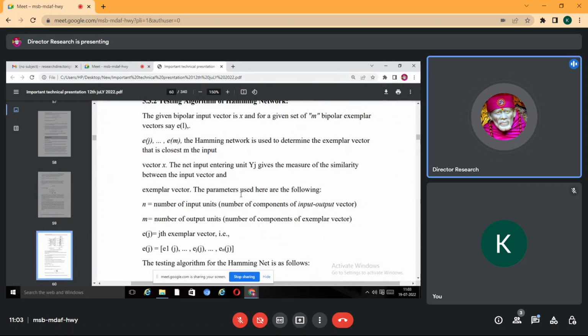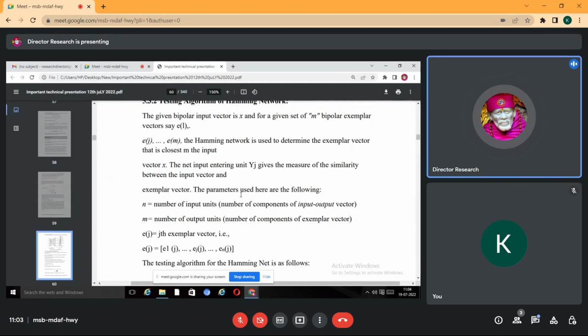Given a bipolar input vector x and a set of m bipolar exemplar vectors, say e(j), j = 1 to m, the Hamming network is used to determine the exemplar that is closest to the input vector x.